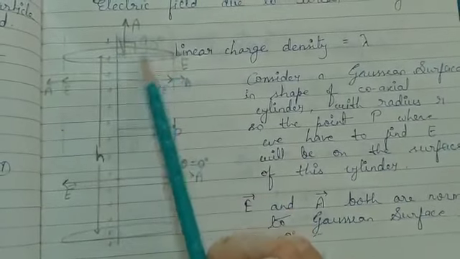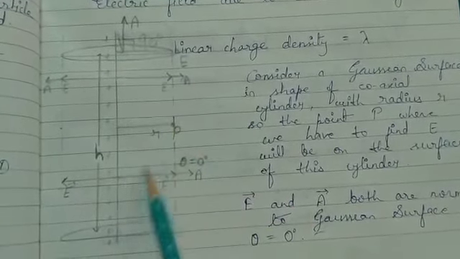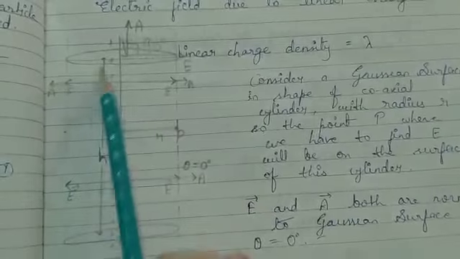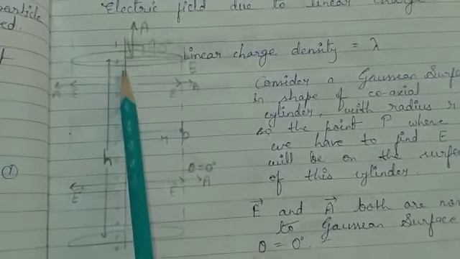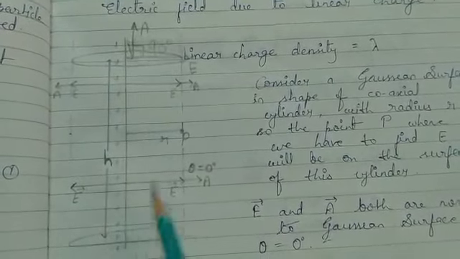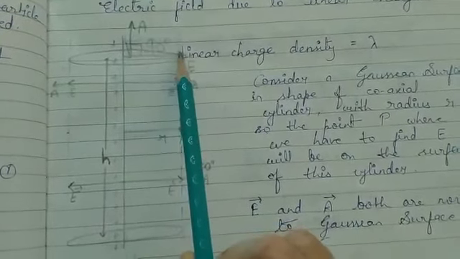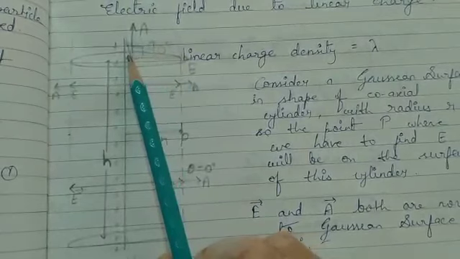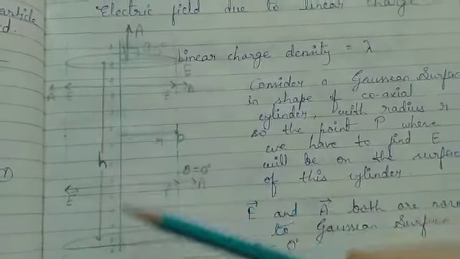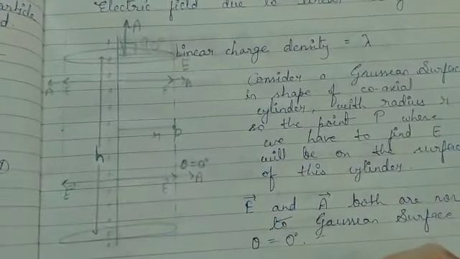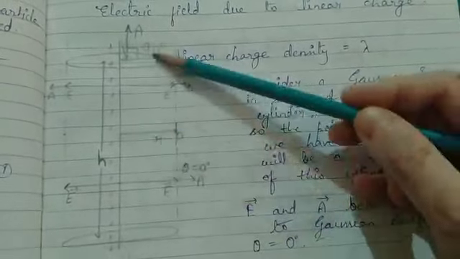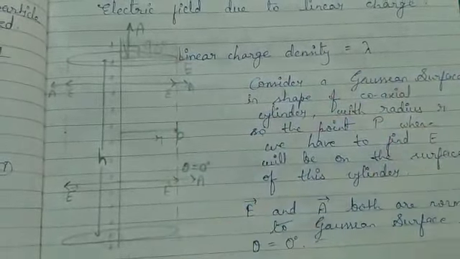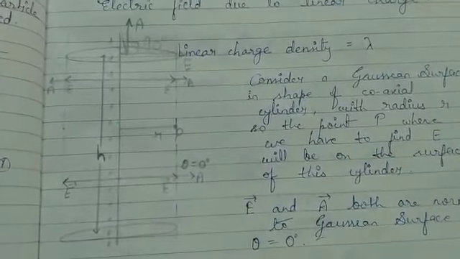The electric field is in one direction only, normal to the line charge, on both sides. But in one flat surface the area vector is upside, and in the other flat surface the area vector is downside. So at both the flat surfaces, the value of theta is 90 degree.